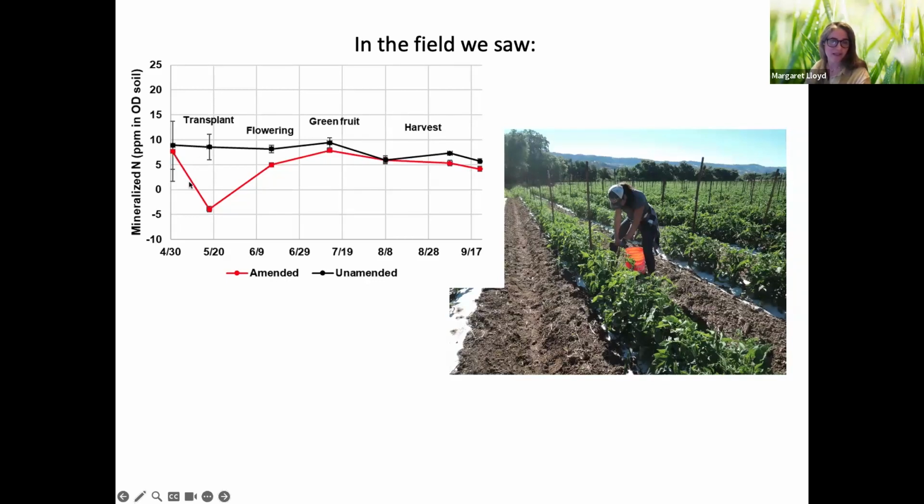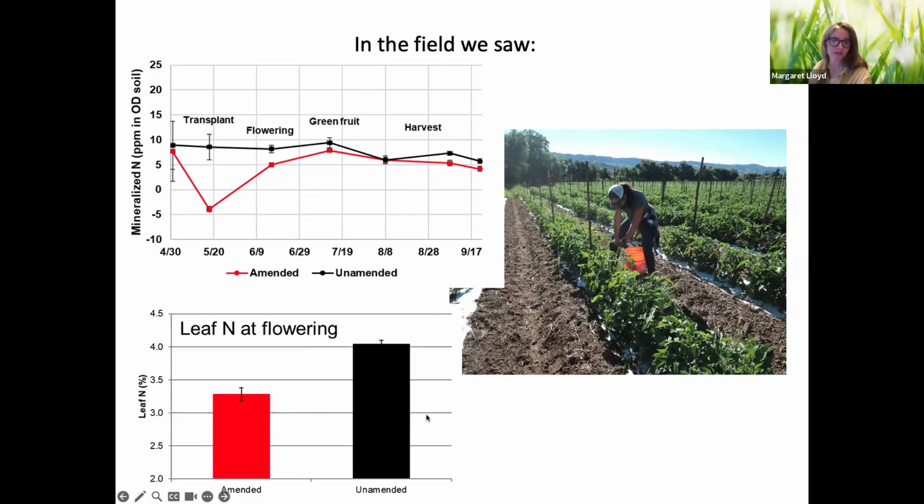However, in the amended plots where that compost was added, you can see this dip in nitrogen availability in the soil. And so that's the immobilization that's happening. So you have transplant and flowering, and you have this decrease in soil nitrogen. And in the plants, this was measurable. So we also took leaf tissue samples, and about 4% nitrogen is our sufficiency level.